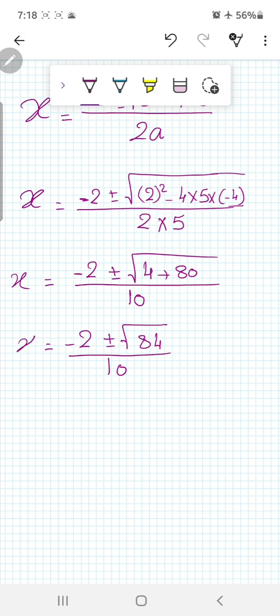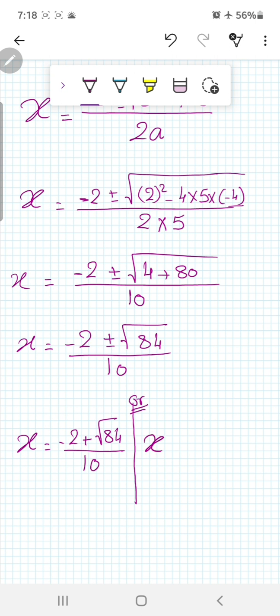As we said, here we have two values. Divide the page in two parts. First, positive part, negative 2, positive square root 84 divided by 10, or negative 2, negative square root 84 divided by 10.